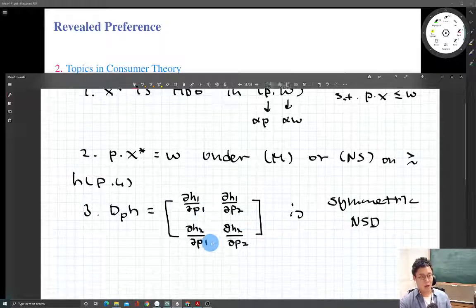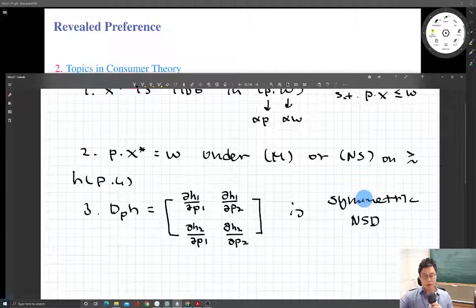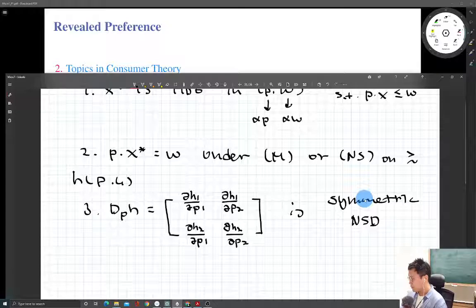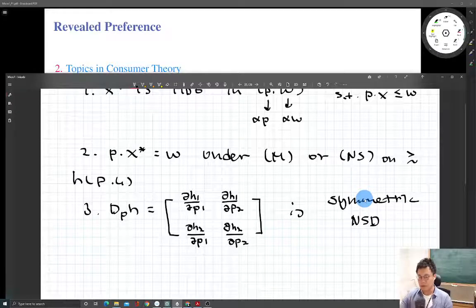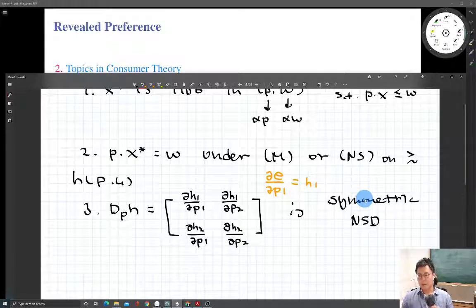And the last property is due to the structure of the EMP and the properties of the EMP. The value function of the EMP, the expenditure function, has nice properties. By Shephard's lemma, we know that the derivative of this expenditure function with respect to price is going to be the Hicksian demand.